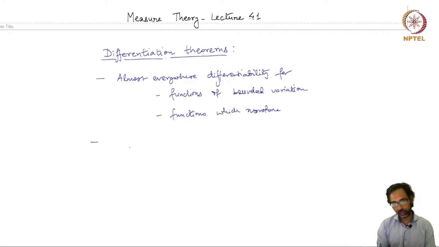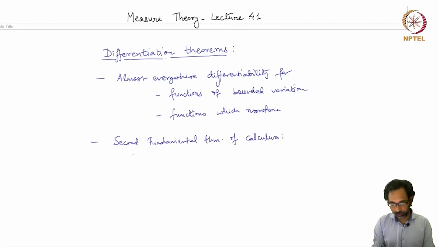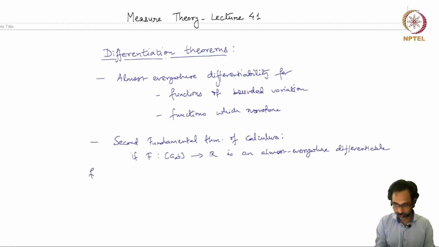We will also touch, but rather briefly, what's called the second fundamental theorem of calculus, which says that if f from a finite interval to R is an almost everywhere differentiable function in a certain class of functions.